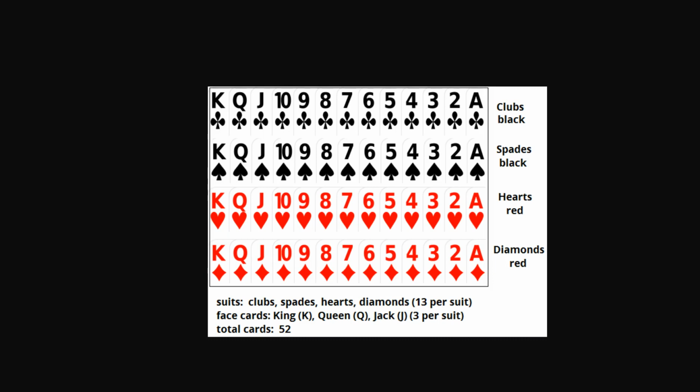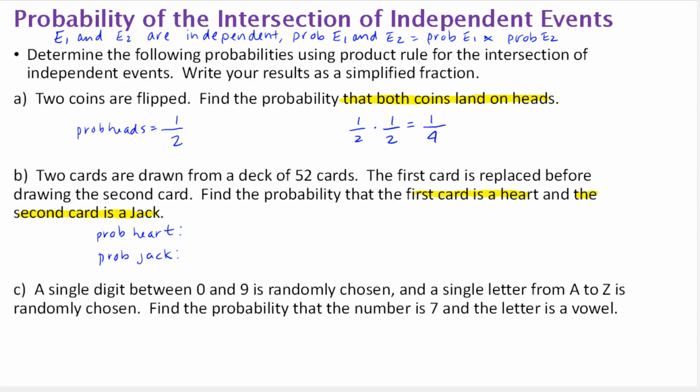So the hearts is 1 out of 4. And the second event we were looking for was that the card is a jack. There are 4 jacks, or 1 out of these 13 columns. So the probability of a heart, well, 1 out of 4 cards is a heart, and 1 out of 13 cards is a jack.